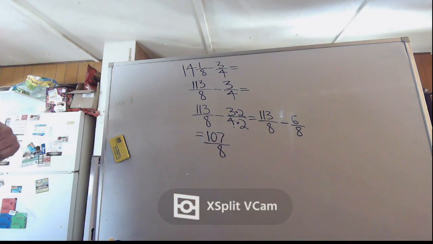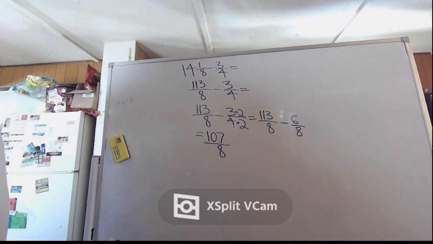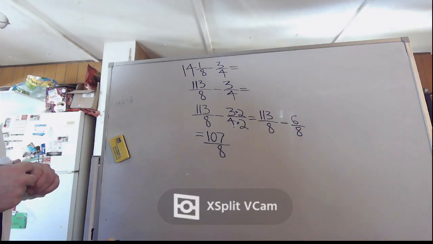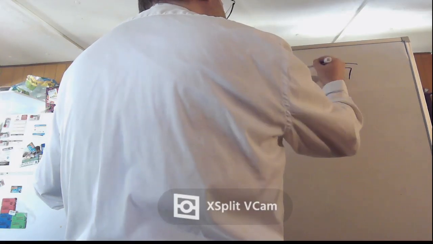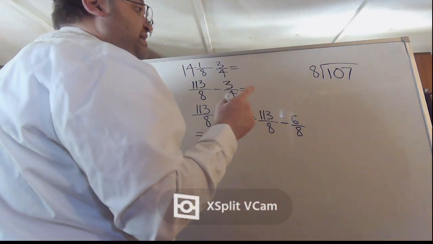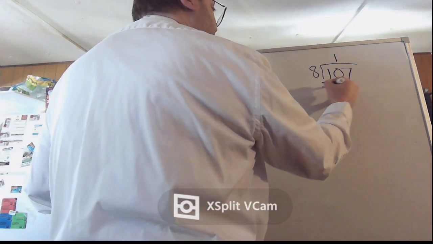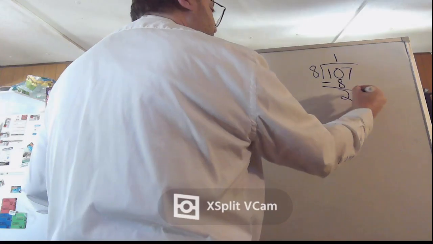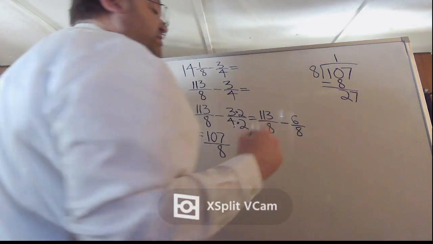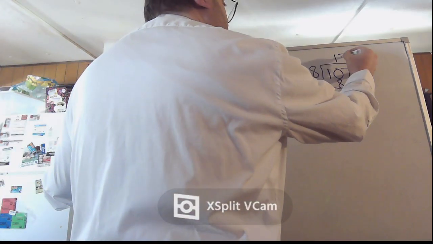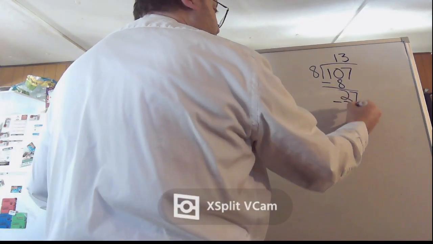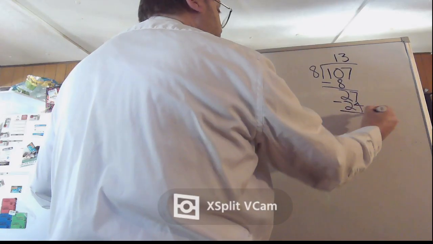We're almost done. We're not quite done yet because we need to convert that improper fraction into a mixed number. So let's work that out on the side. 107 divided by 8. Alright, 8 goes into 10 one time. 1 times 8 is 8. So 10 minus 8 is 2. Bring down that 7 from the dividend. 8 goes into 27 about 3 times. 3 times 8 is 24. 27 minus 24 is 3.